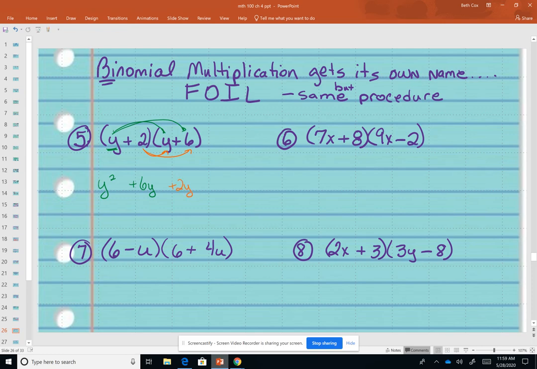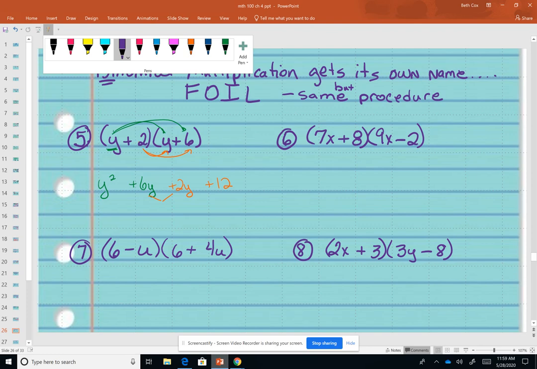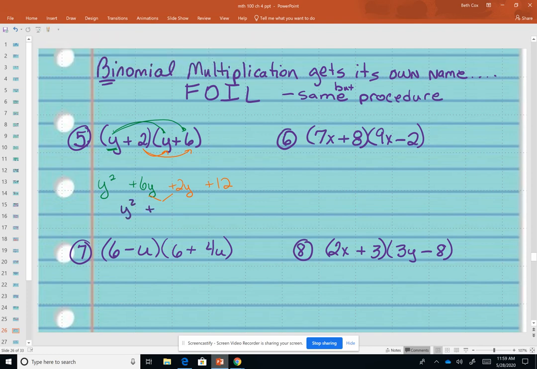And 2 times 6 is a positive 12. I have like terms right there. And so my final answer is y squared plus 8y plus 12. Final answer. Okay? That's called FOIL.